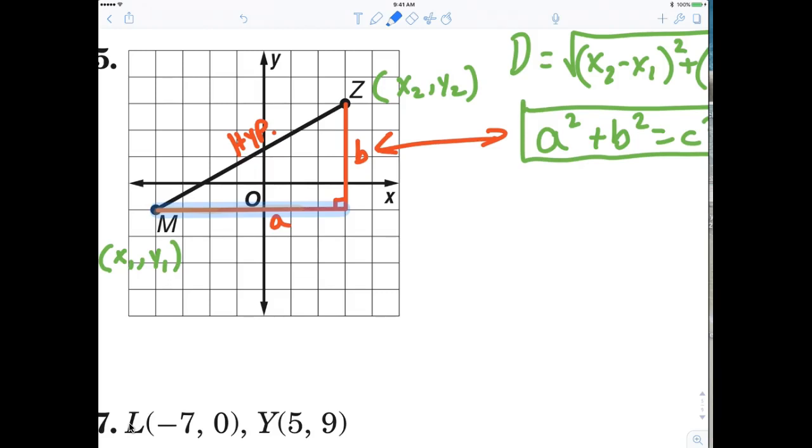Exactly. However, instead of saying x1 minus x2, you are 100% correct, but mathematically 2 comes after 1, so we're going to go x2 minus x1. But I'm very happy with you. That's exactly correct.